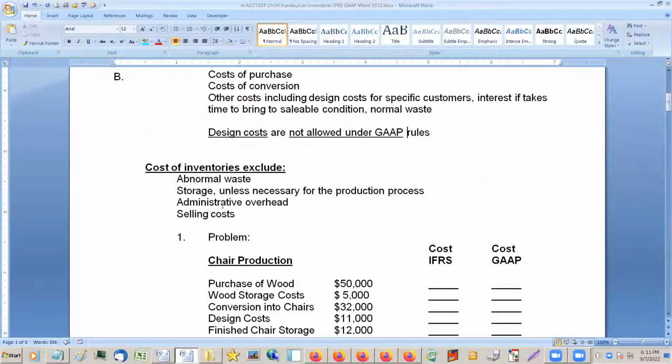So we're going to just, and this is a kind of simple one to do. Inventories exclude abnormal waste. So there's a normal waste and abnormal waste. Normal waste is what you usually have, and for some things it's common. If you're working with wood or stone or something like that, it's not uncommon to get a piece of wood that you can't use.